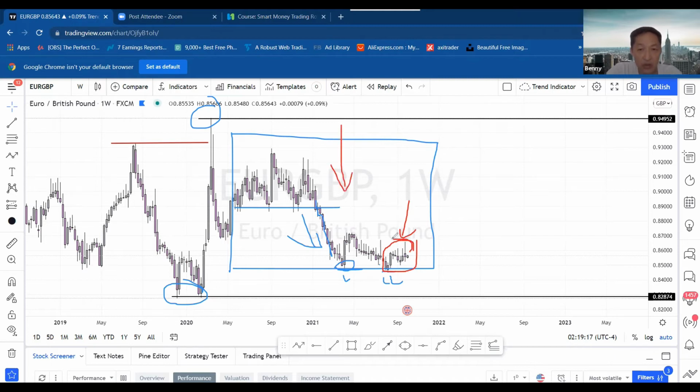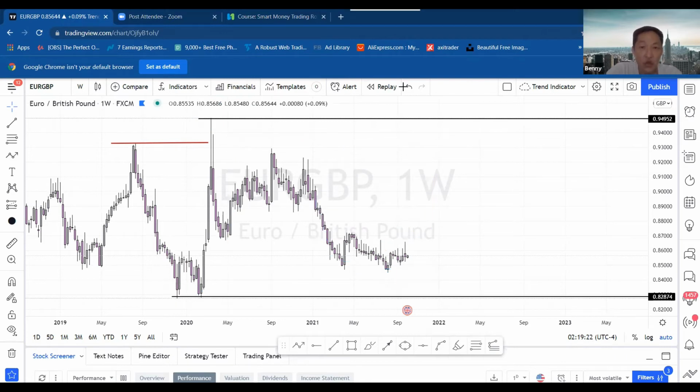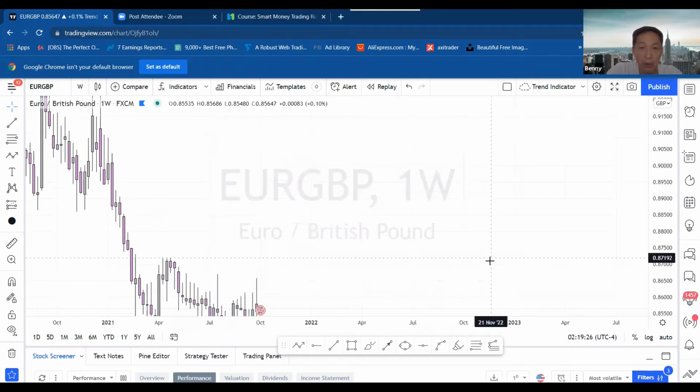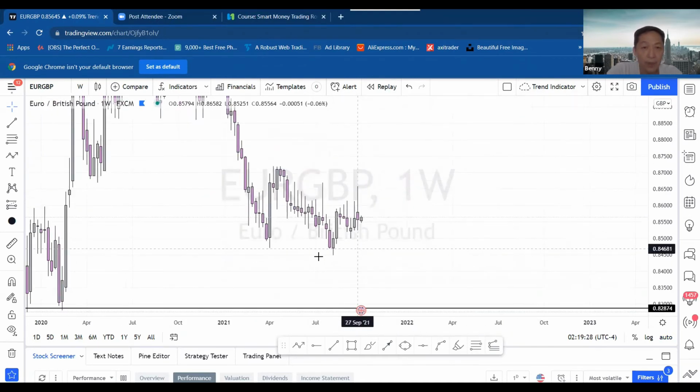But over here it looks like there's something changing, right? Why is something changing? Well, if we zoom in a little bit more, we can see that this is a lower low, which I showed just now. But here, we can see the price now starts to change. We have a low, we have a higher low, we have another higher low.